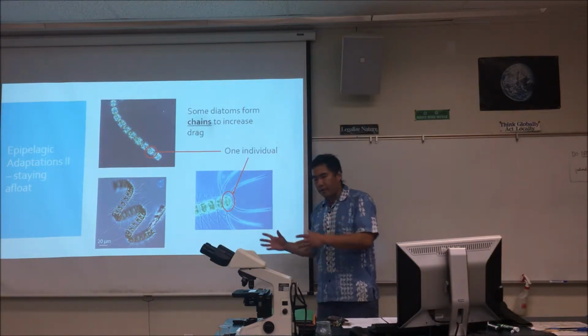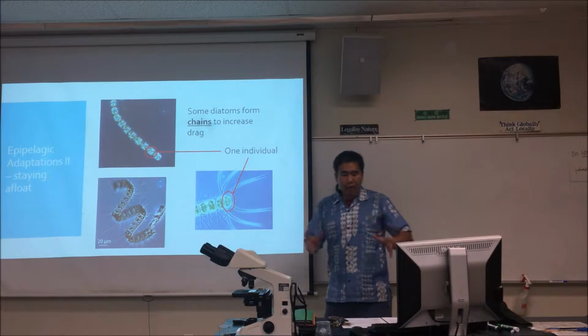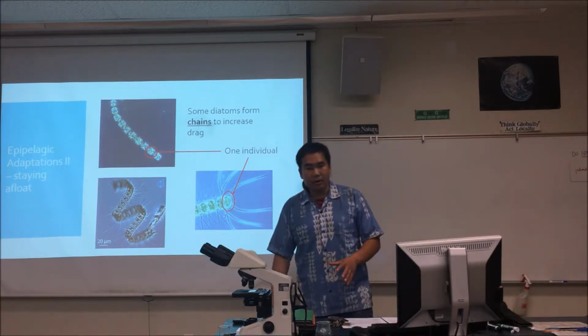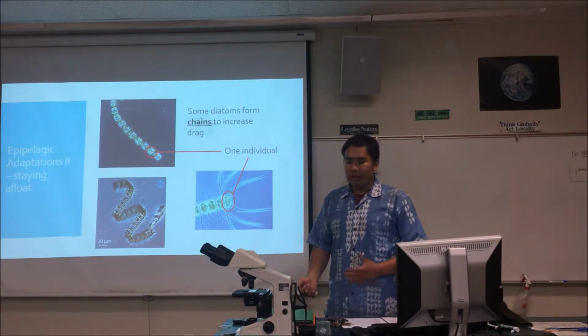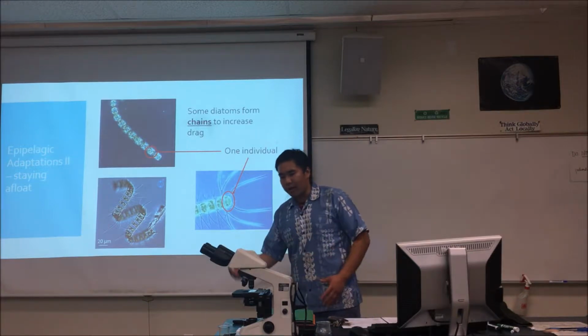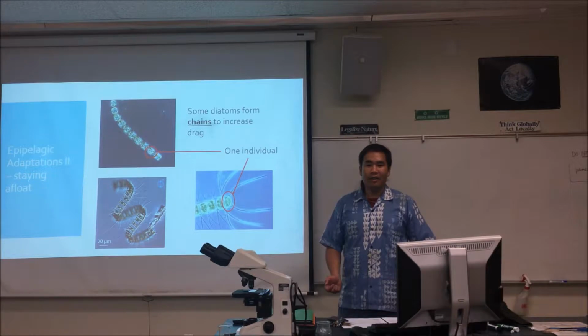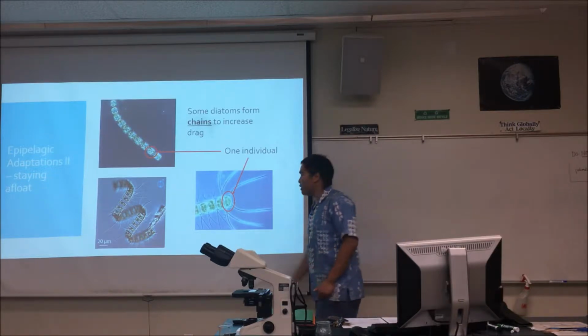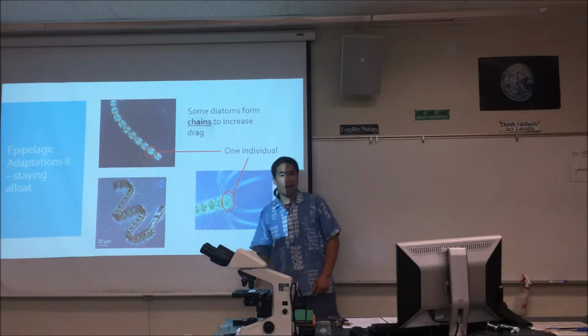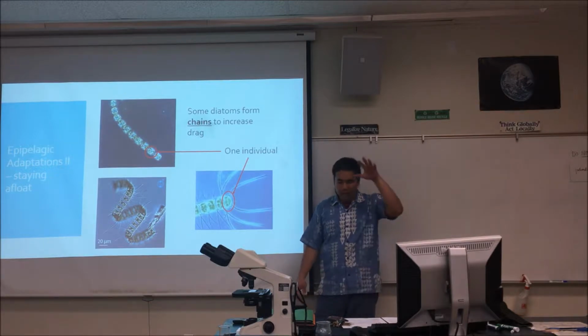Notice all 3 of these things that are involved in increasing drag and sinking slower are all plankton, because plankton cannot swim upwards against the water. They rely on other forces such as buoyancy and increasing drag like this, because they're all constantly sinking.